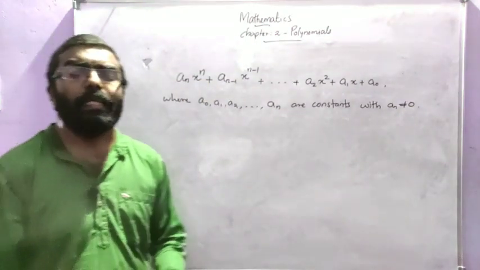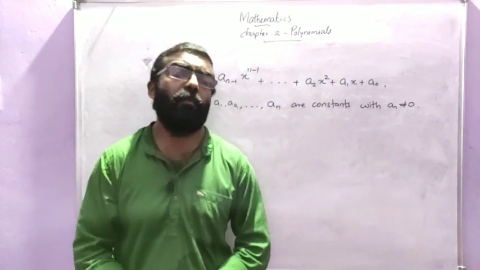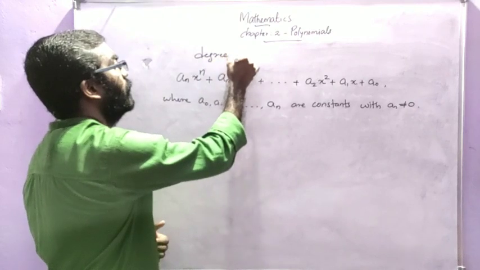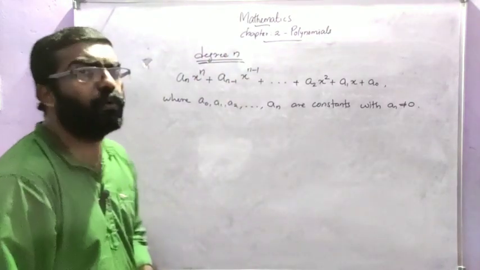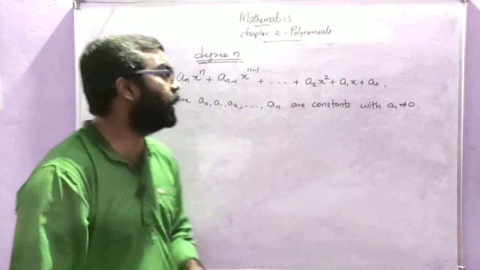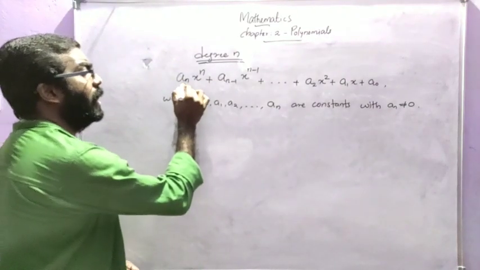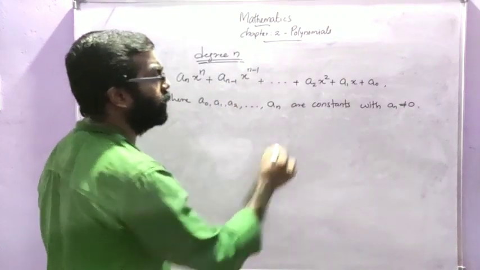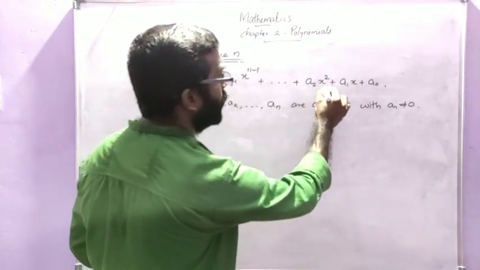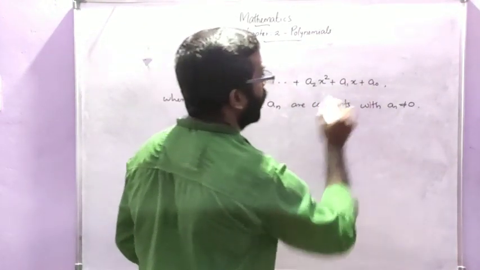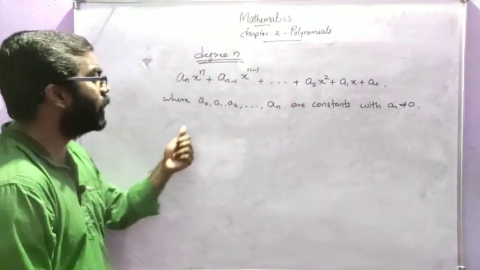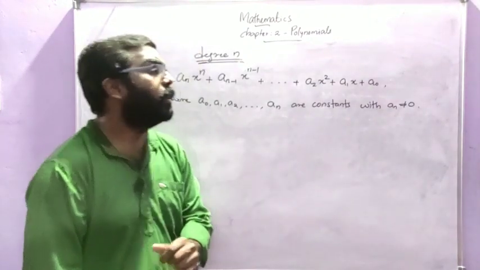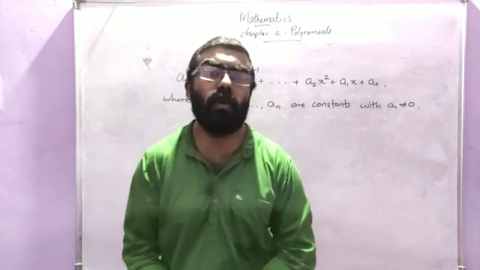So this is the general form of a polynomial of degree n. Okay, the general form of a polynomial of degree n can be written as a_n x raised to n plus a_(n-1) x raised to n minus 1 plus etc. plus a_2 x square plus a_1 x plus a_0 where a_0, a_1, a_2, etc. a_n are constants with a_n not equal to 0.